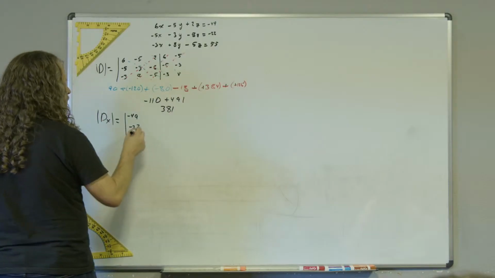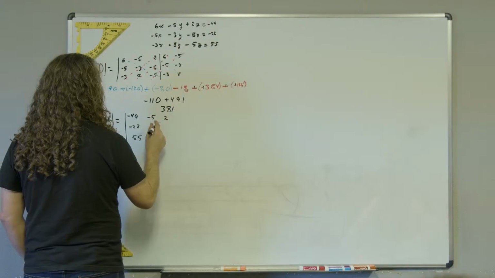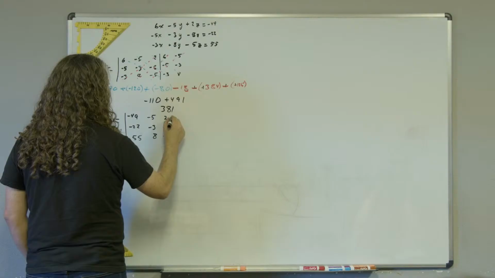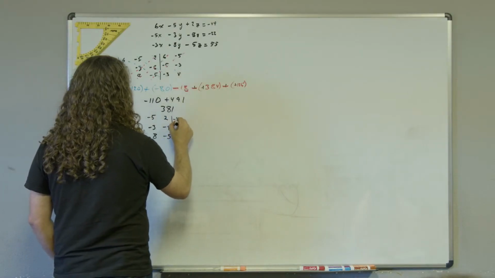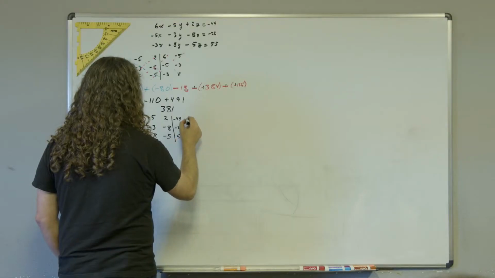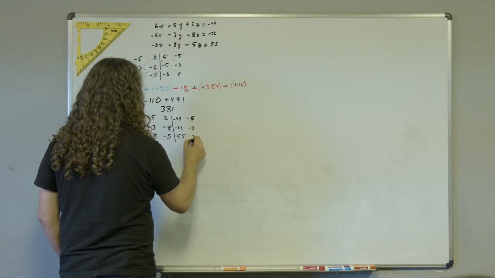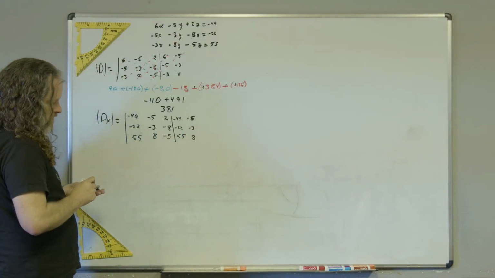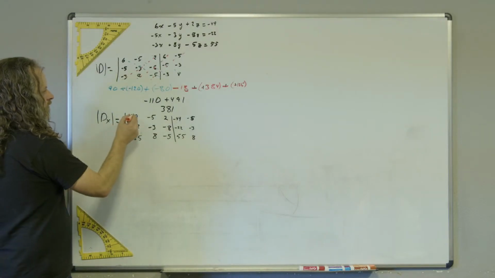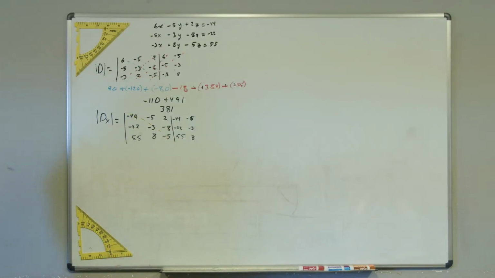The rest stay the same. Okay. We do again. Down diagonals. Negative 49 times negative 3 times negative 5.